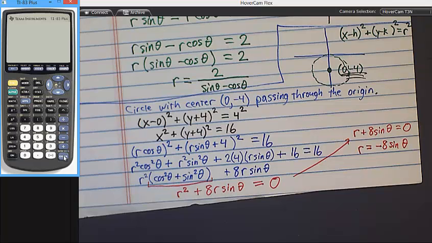All that, and I'm going to finish by typing in negative 8 sine theta and graph it and see that it really does give me the circle that I want. That's the one right there. Right? So it worked.